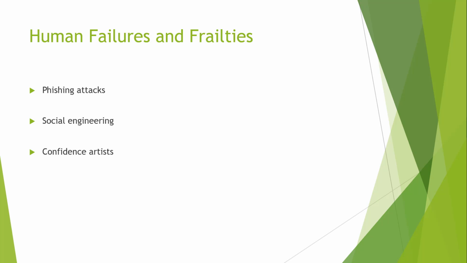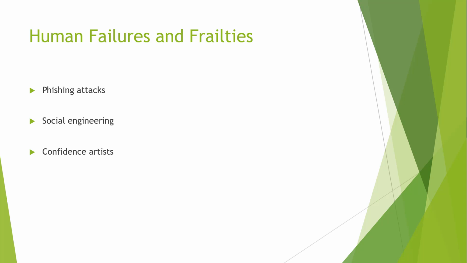These are called confidence artists. We're people, it happens, but we need to ensure that we have controls in place so that our human failures are not as easily taken advantage of through the software development life cycle.